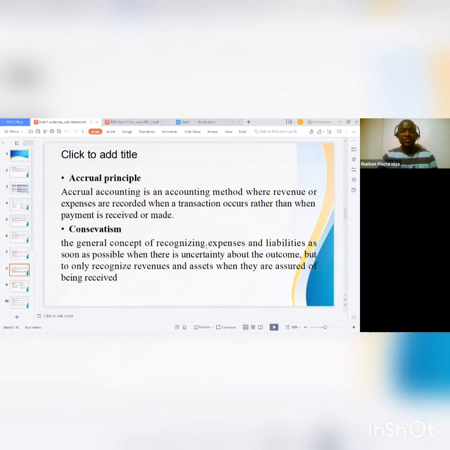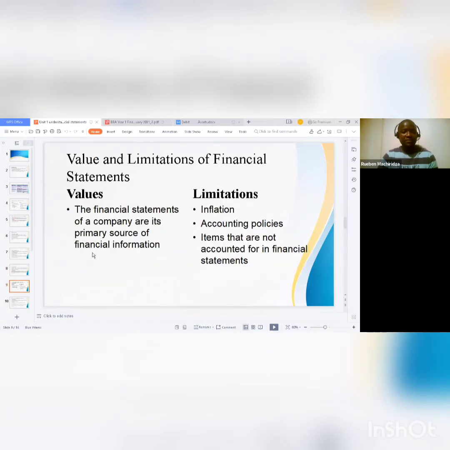So if you think that we are going to incur a certain expenditure or a certain loss, you must put it in the financial statements. But if you think that you are going to make a profit, you mustn't show it in the statement of financial position. So the profit must come as a surprise. That way, we would have observed this concept.